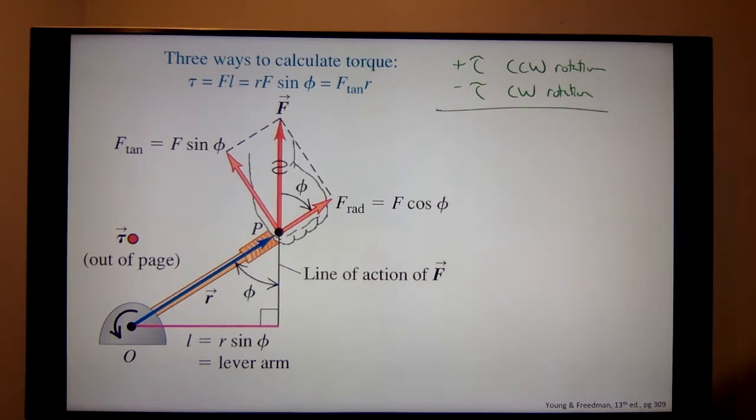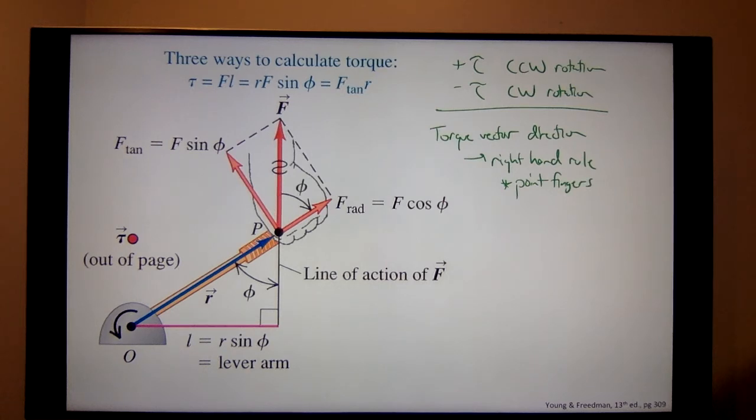But if we want to talk about the torque vector direction, we have to use the right-hand rule. Yay! Right-hand rule. And to use the right-hand rule, you don't need to know a lot about this semester.